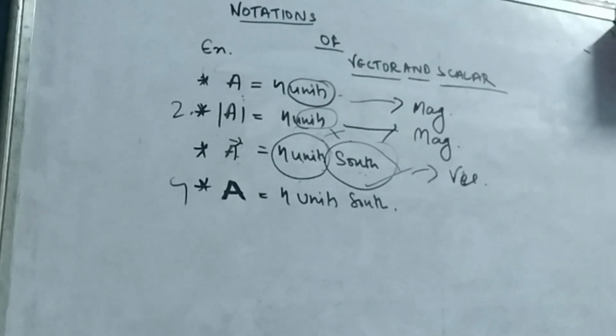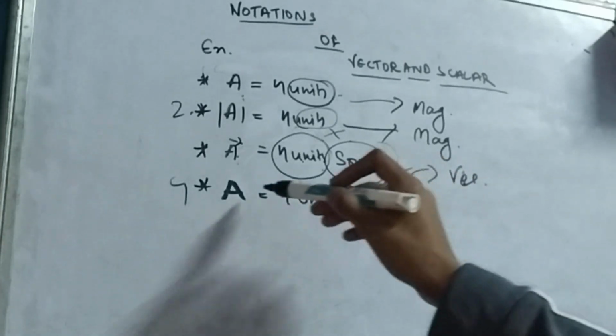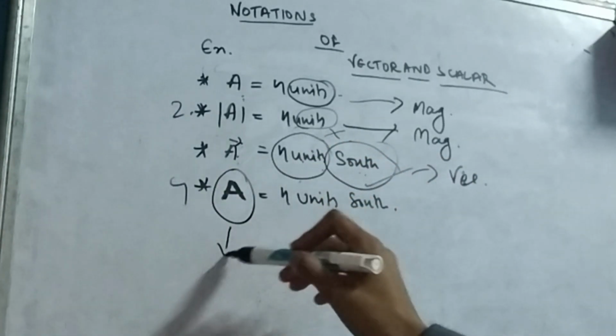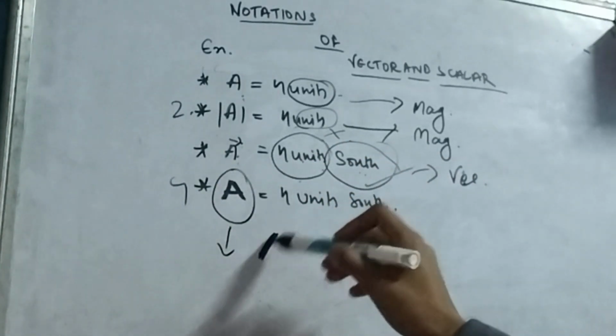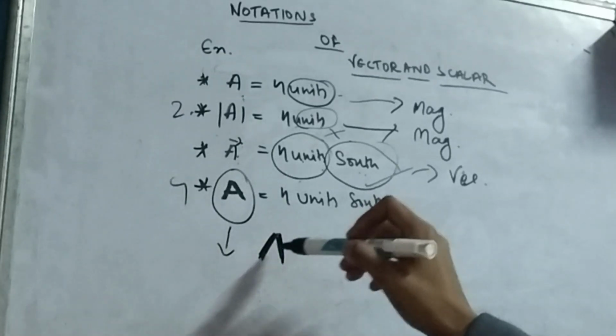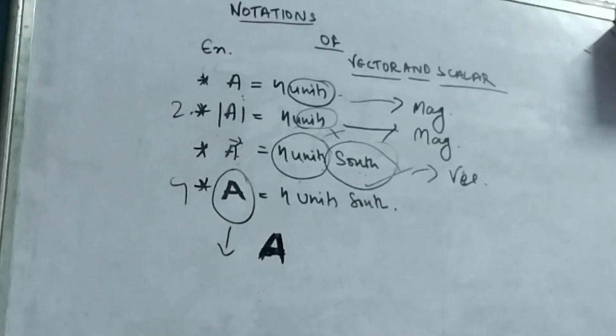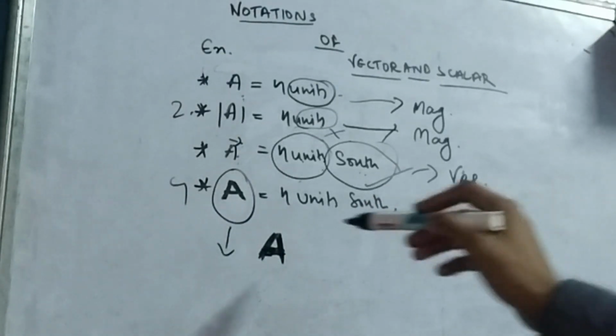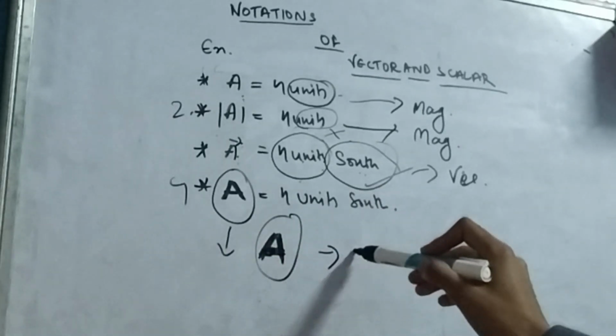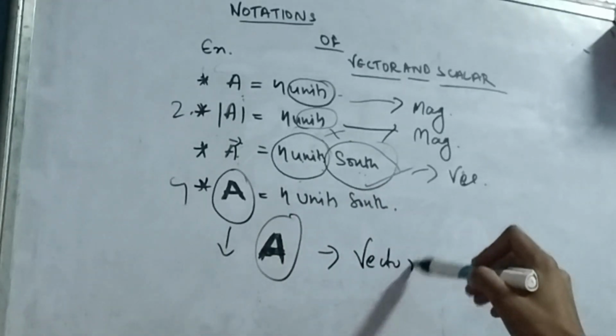this is the notations, okay? And sometimes in some books or in some exams, this type of sign also comes. This is a, what to say, dark A. This is a dark A, so this is also considered as a vector, okay?